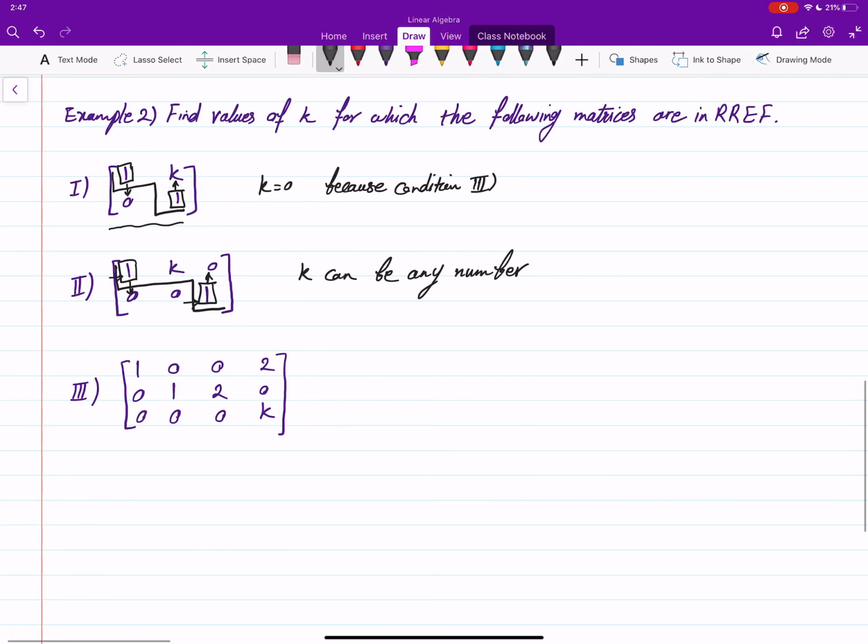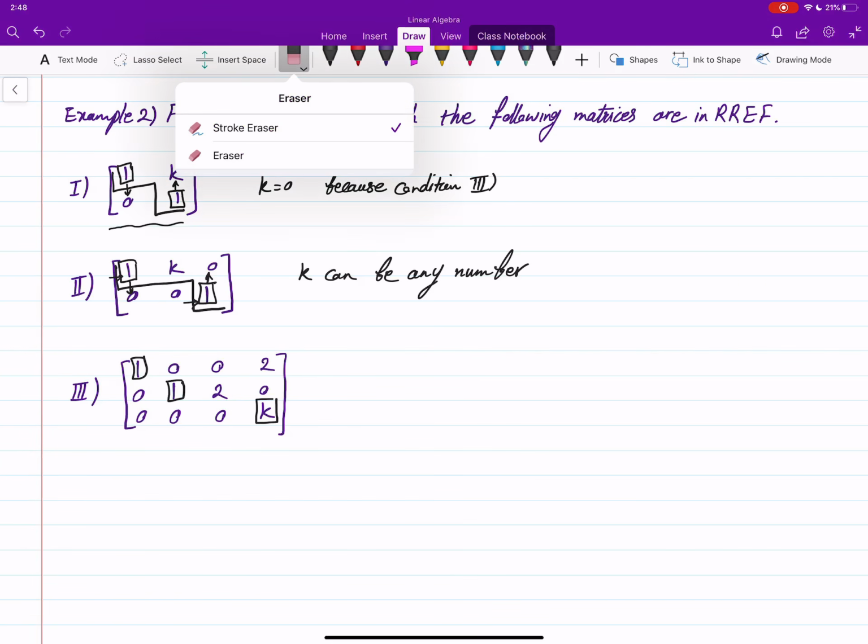How about this last one? The first row starts with 1, the second row starts with 1. The last one has a k in it. If that entry is supposed to be the first non-zero entry, it must be 1.